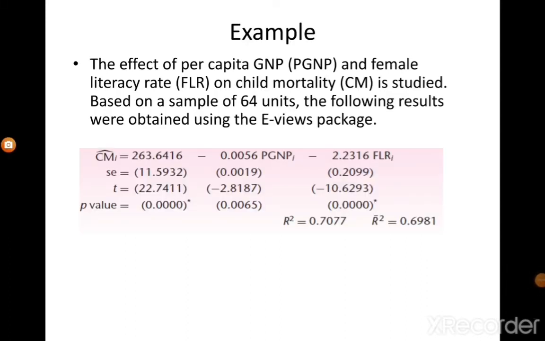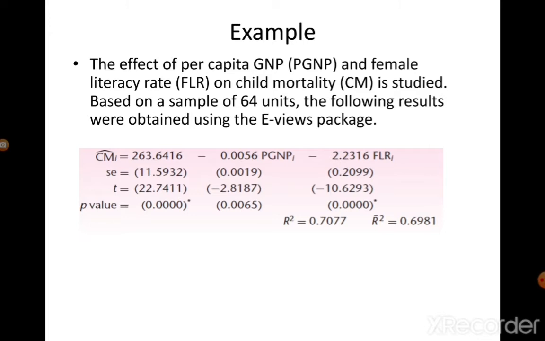So this is the example from Basic Econometrics by Damodar Gujarati that I was talking about. It is a 3-variable regression model where they looked at the effect of per capita GNP as well as female literacy rate on child mortality.